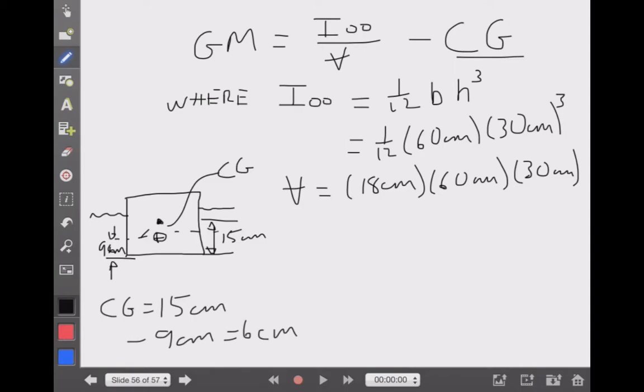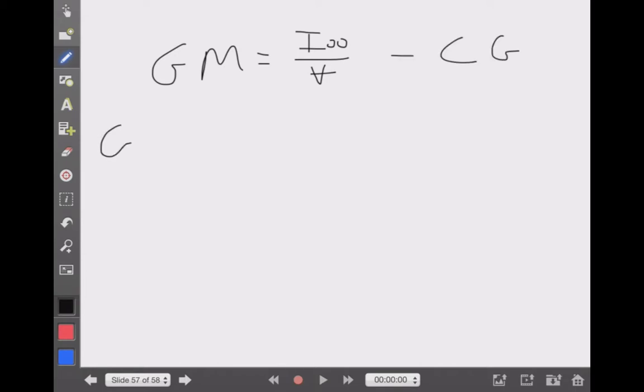Okay, so let's pull all this together in the next slide. GM is going to be equal to this over the volume minus CG. I'm going to start over here a little further to the side to give myself more room.